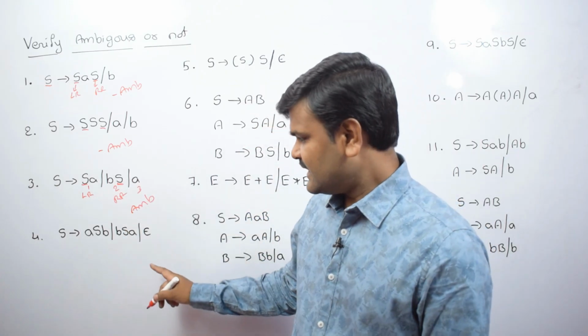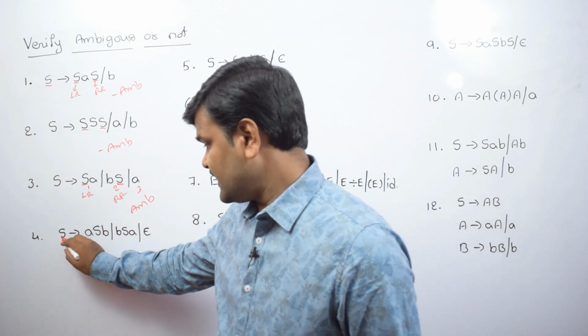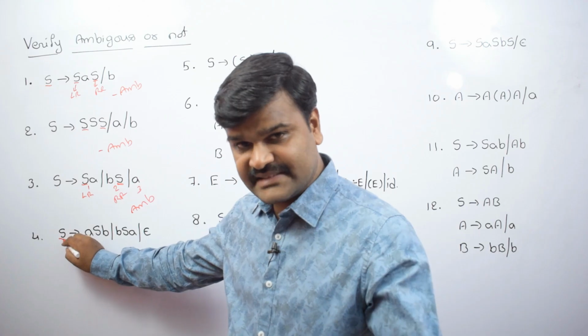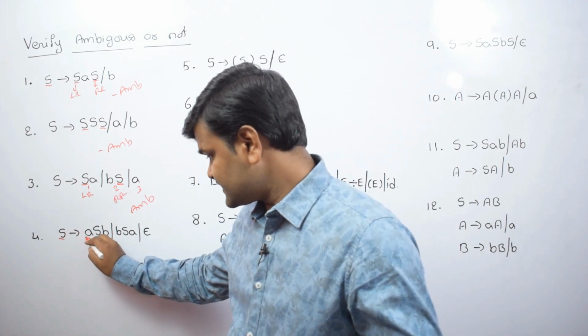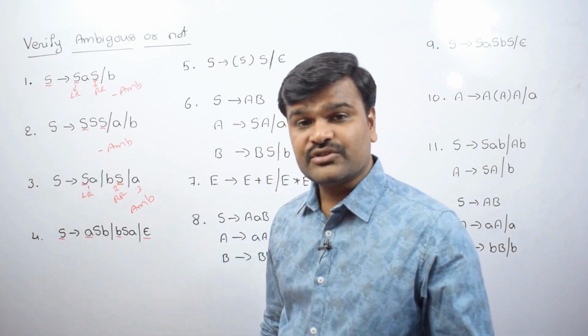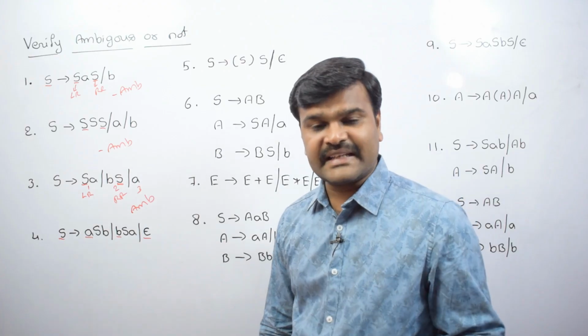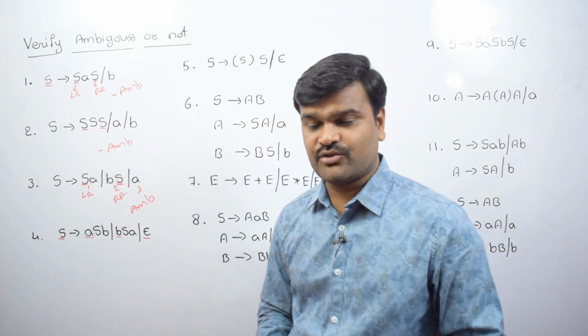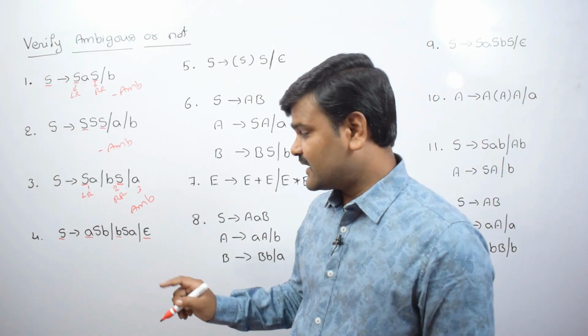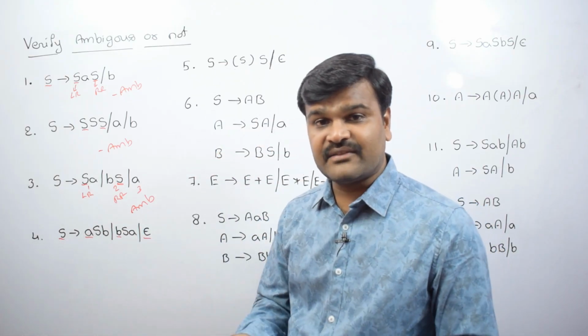In this case, is there any left recursion? The LHS variable is S. Is the first position S? No. So there is no left recursion. Whether you have right recursion or not, you need not check to decide ambiguity, because no production has left recursion.